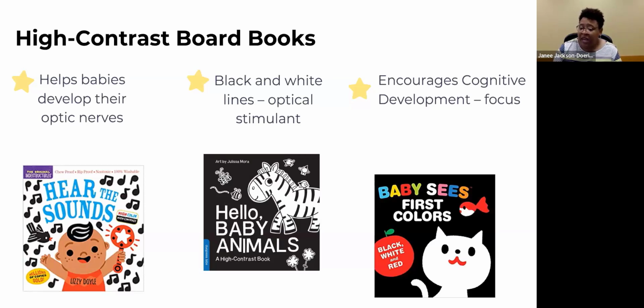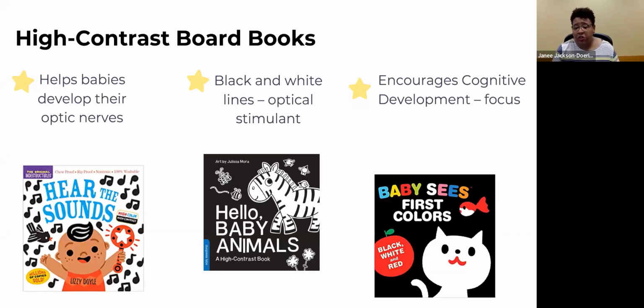So when you expose babies to contrasting images, it has a positive impact on the development of visual, spatial skills, and recognizing new objects. When babies are first born, they can't distinguish between colors the same way that older babies can. I've read a couple different studies, and they are showing that babies can see high contrast black and white shapes and patterns from the very first days of life.